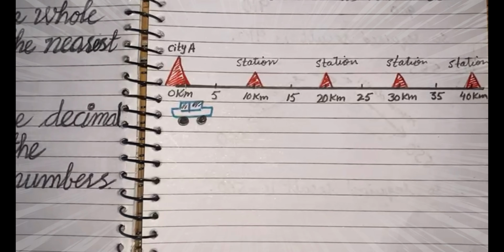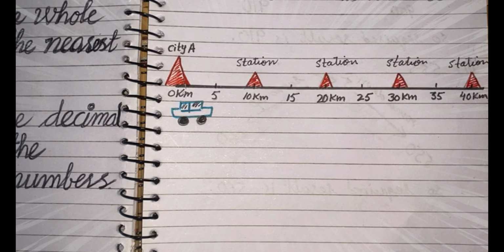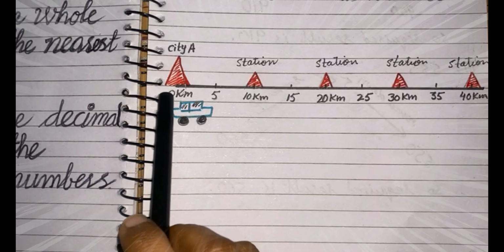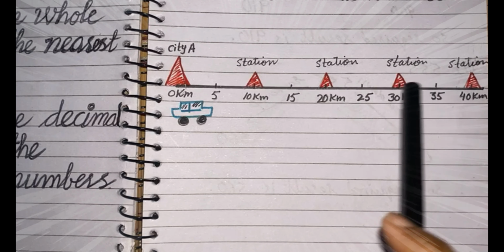Now we will take another example to make the estimation concept clearer. Here we have a number line showing kilometers, and the red marks are for the pumping stations.